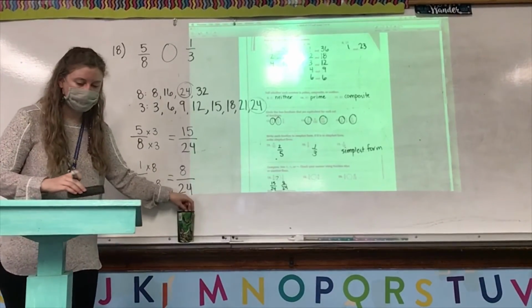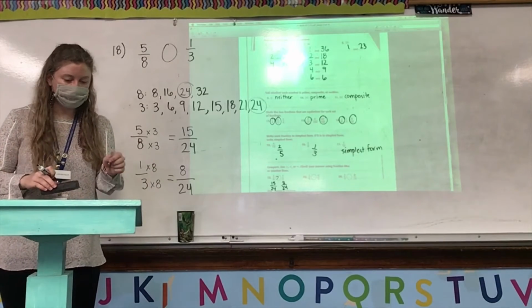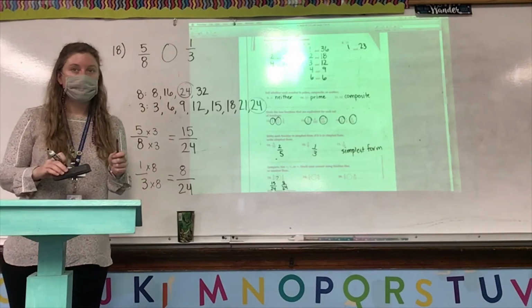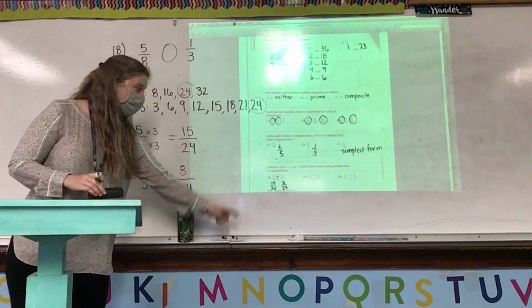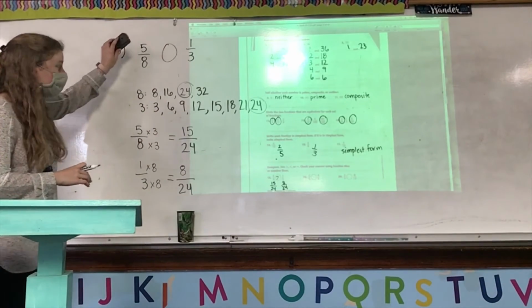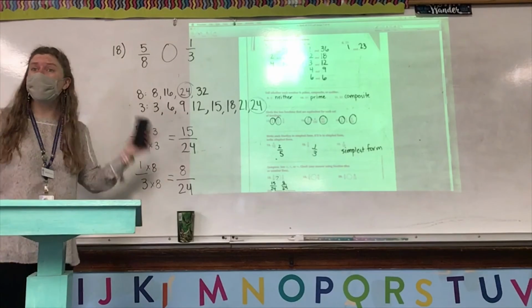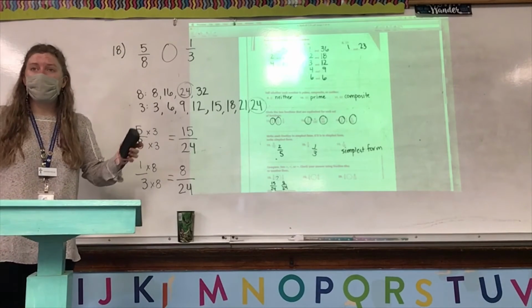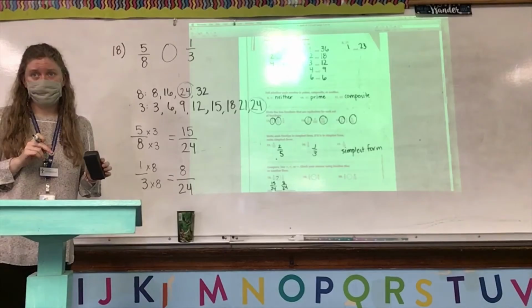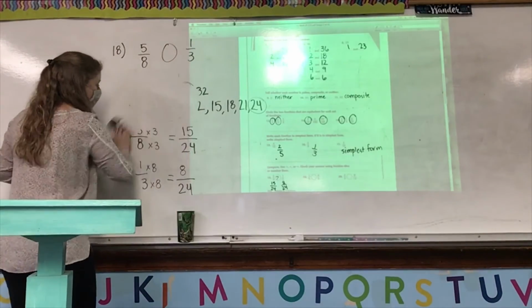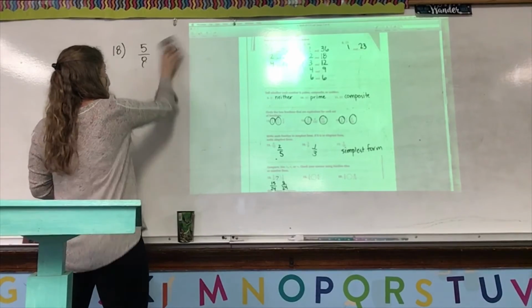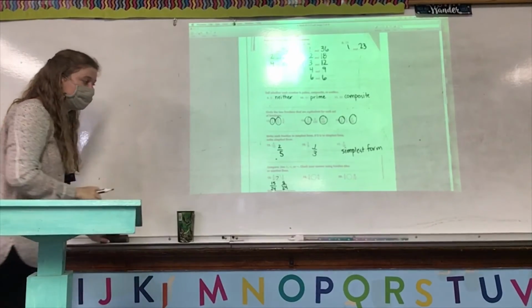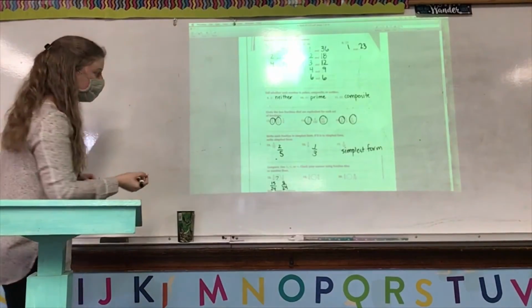The only thing that's going to change is the numbers. The process, the steps, the operations stay exactly the same.